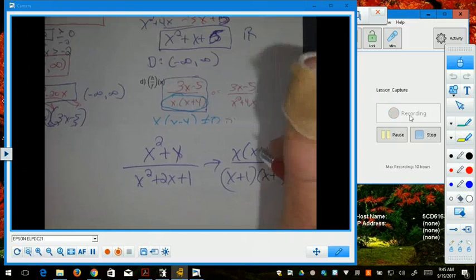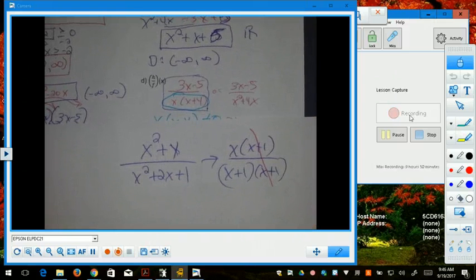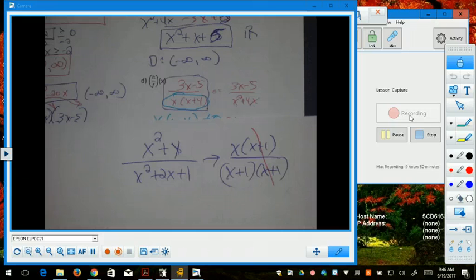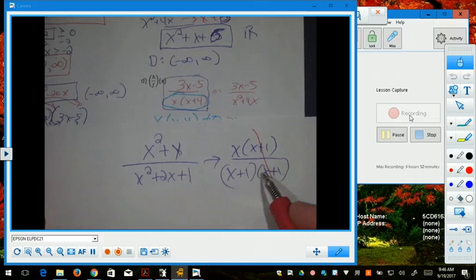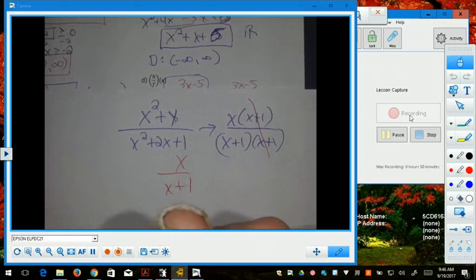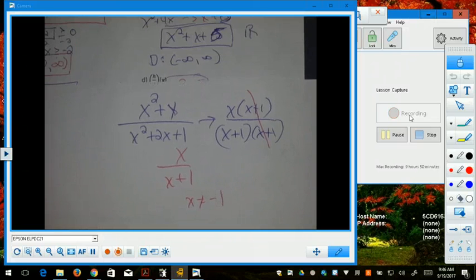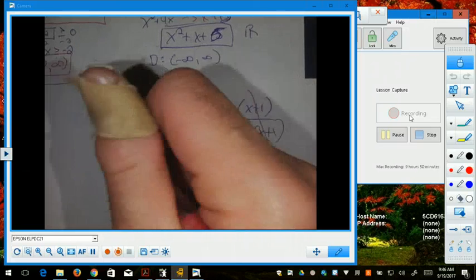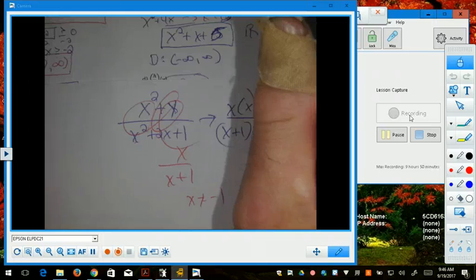Because what happens when it cancels out? What's that create on the graph? A hole. Is there an x value for that hole? I mean, there's an x value for where it's at, but it's not part of the domain, right? So I don't want to cancel it out and just write x over x plus 1 and say, oh, my domain restriction is x can't equal -1. Well, in this case it would cover it, but let me change this to an x plus 2.